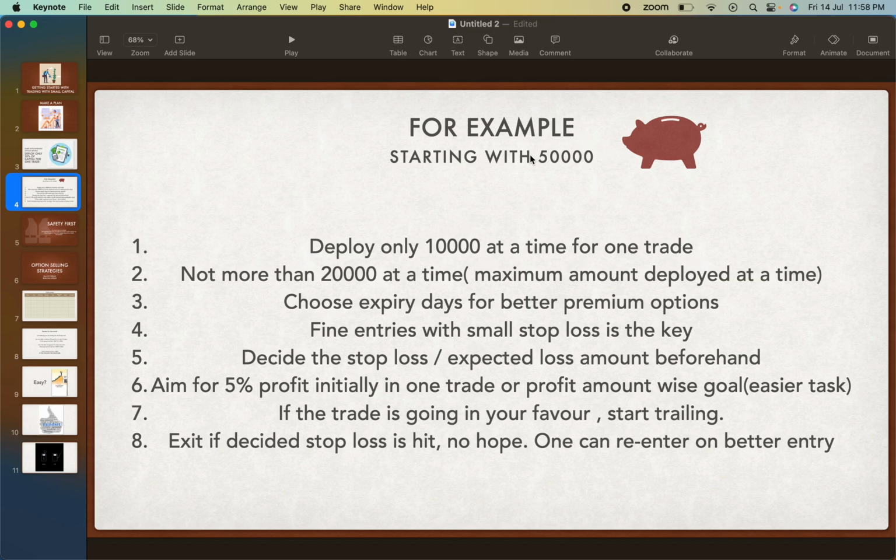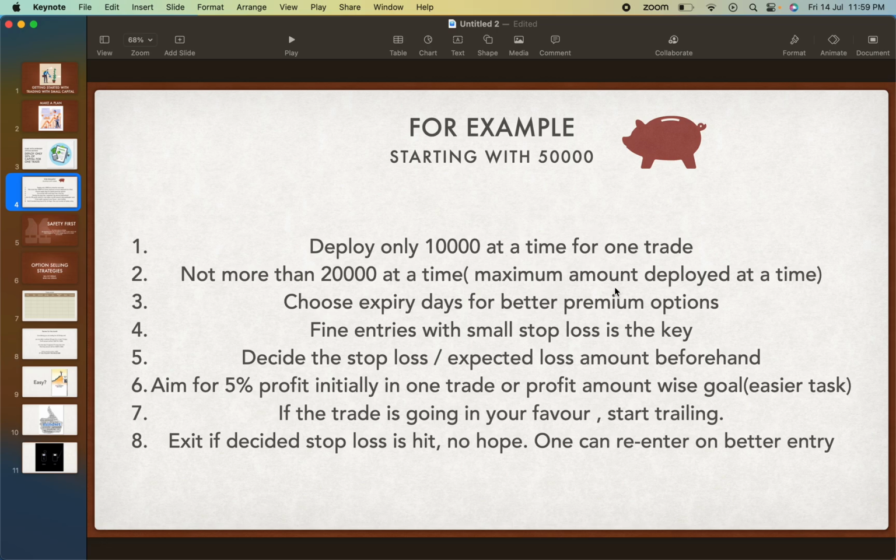That means if your total capital is 50,000, not a single trade you are going to take with the exposure of 50,000. For one trade, only 10,000. If you are taking another trade, that also can be 10,000 exposure, and not more than 20,000 at a time.